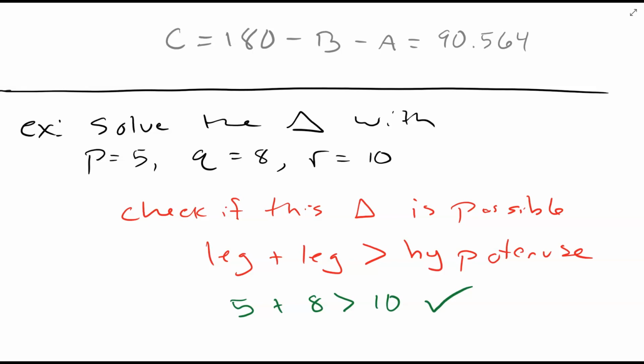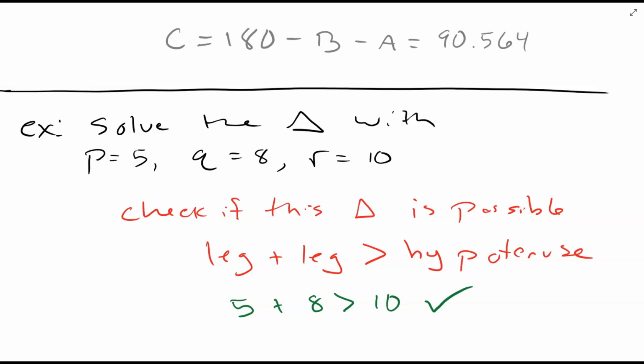You just have to make sure that the sum of the legs is greater than the hypotenuse. It's not that hard to remember to do that though, because if it was not a possible triangle, as soon as you went to try to solve for the angle, you'd probably get an error at some point. Particularly if you're following the rule of finding the biggest angle first, you'd get an error right away.